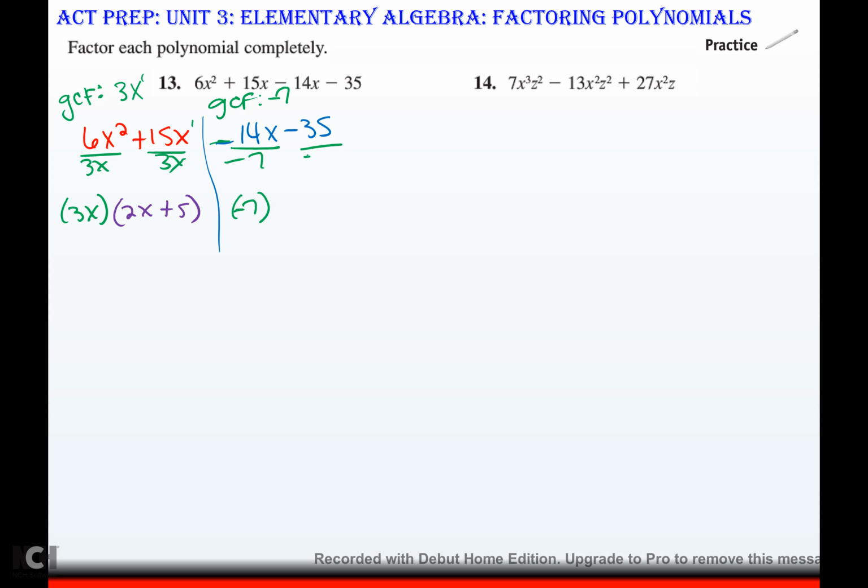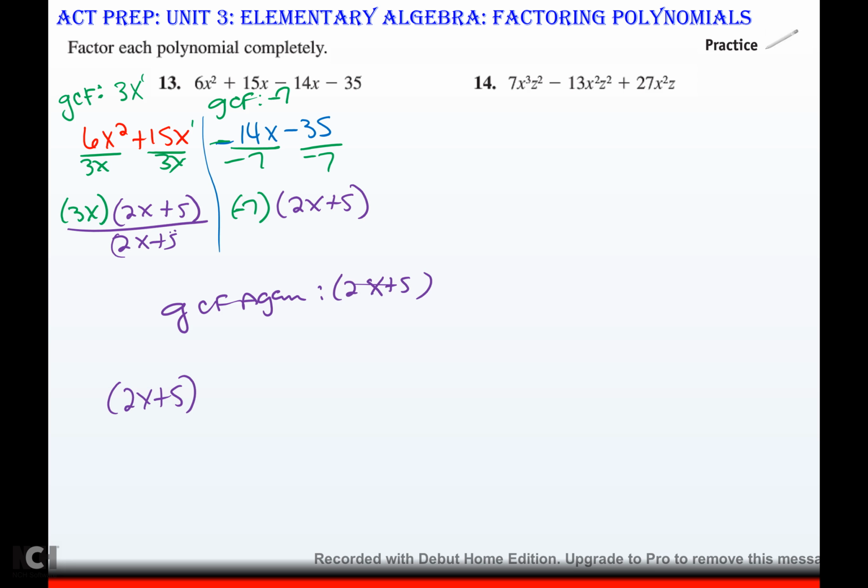To get what's left, I divide by negative 7, and I end up with 2x plus 5. GCF again, which is going to be the matching binomial, which is 2x plus 5. To get what's left, you divide by 2x plus 5. And what's left is your second binomial, 3x minus 7.